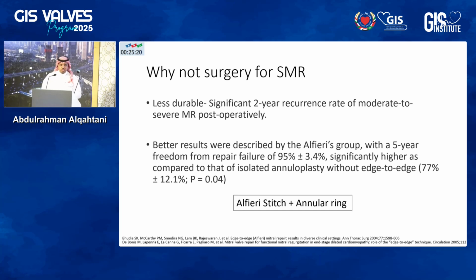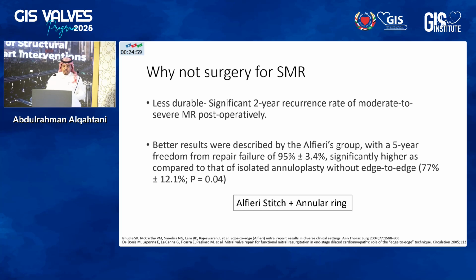So why no surgery for secondary MR? The problem for those patients is a dilated LV. If you try to fix that with the valve, the LV might continue to dilate and will not have proper remodeling, so you might not end up with the same result.